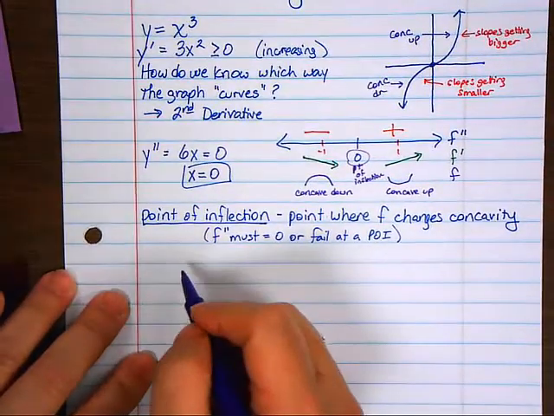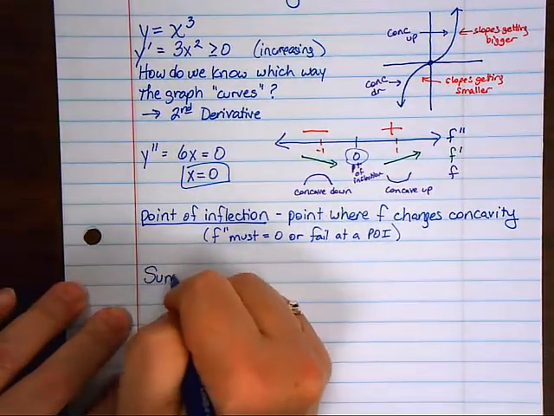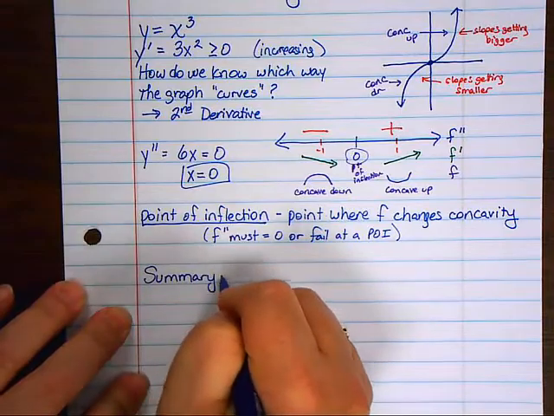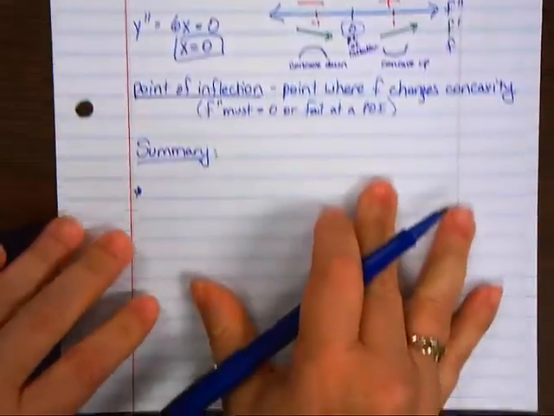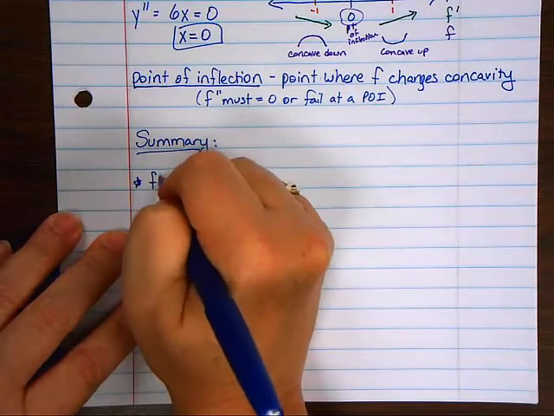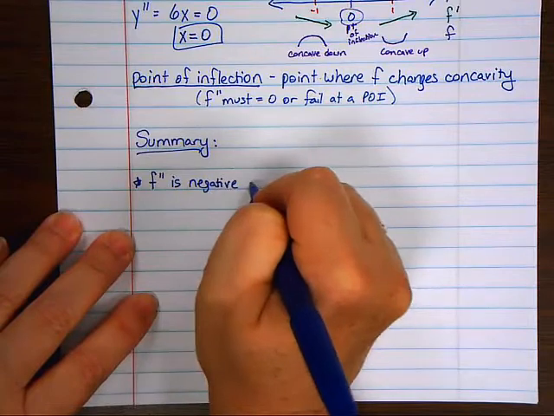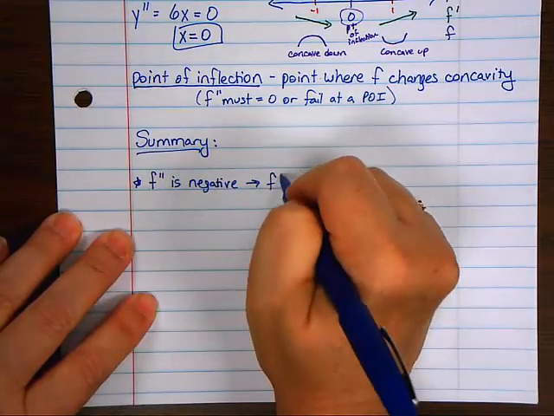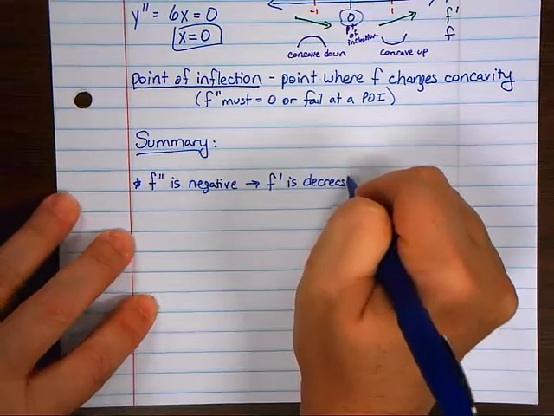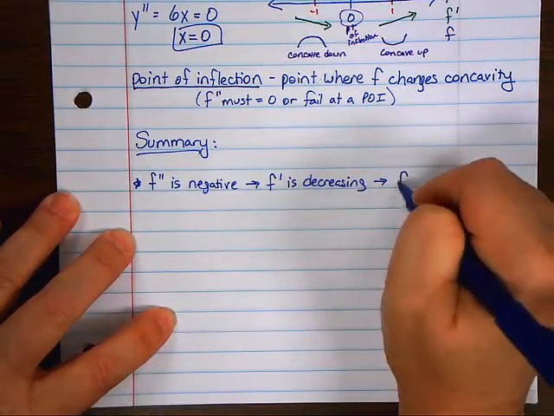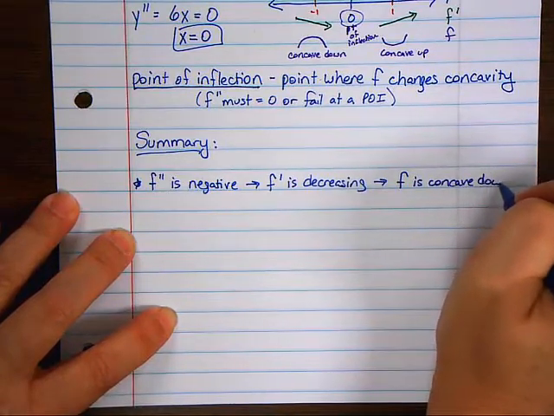All right, let's summarize what we've just talked about here. And this is what I want you to leave class understanding today, right here. Point number 1. If f double prime is negative, that leads to f prime is decreasing, and that leads to f is concave down.